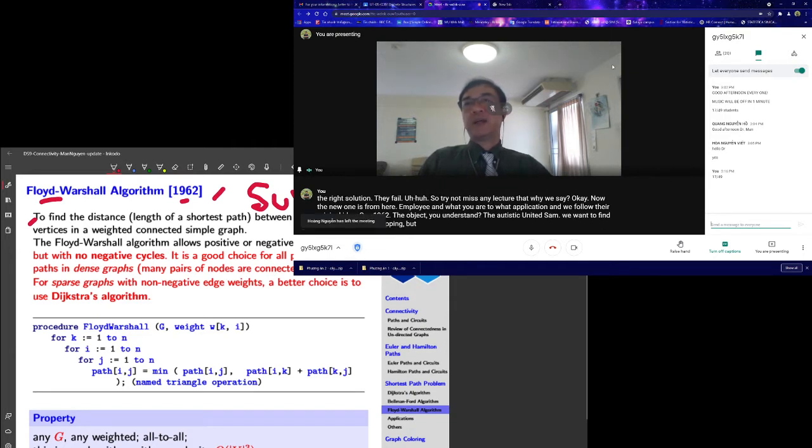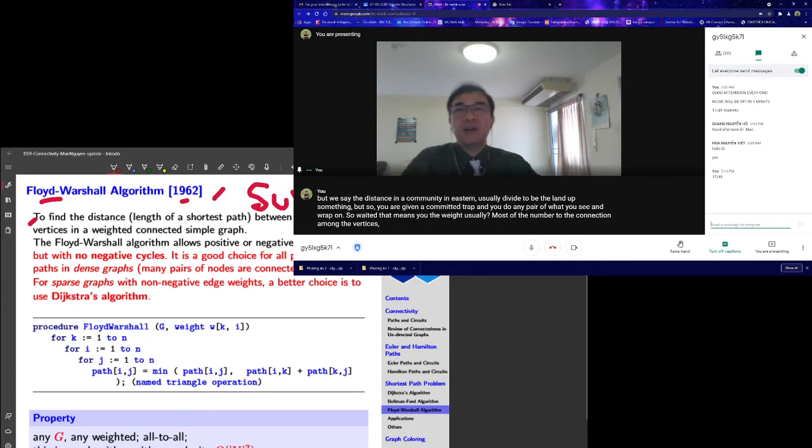We say the distance. In computing, distance is usually defined to be the length of the shortest path. So you are given a connected graph, and you choose any pair of vertices, and the graph is also weighted. That means we give a weight, usually a positive number, to the connections among the vertices.